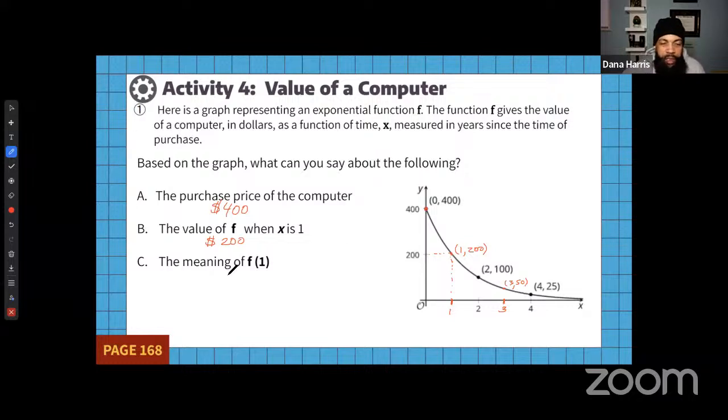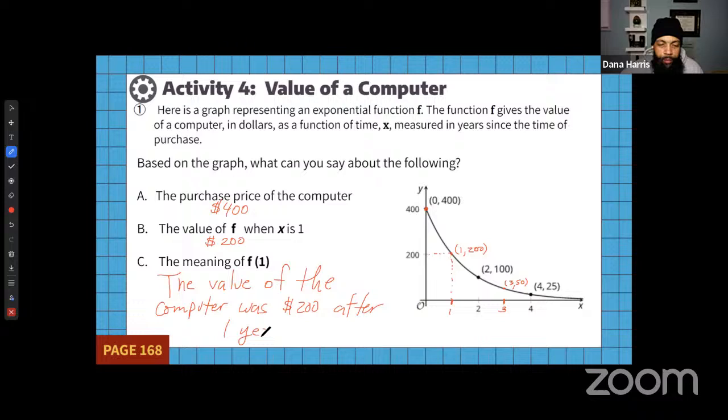The meaning of f of 1 means the value of the computer was $200 after 1 year. Okay, that's what that means.